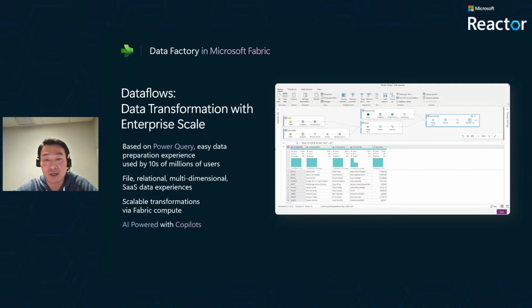It provides a low-code experience to transform your data from Excel, Power BI, Dynamics, etc. On Data Factory in Fabric, you will see a very similar experience to Power Query, but at the same time get the benefit of the scale of the Fabric compute engine to transform a large volume of data. So this is another tool for you if you want to do ETL from any source to any destination.